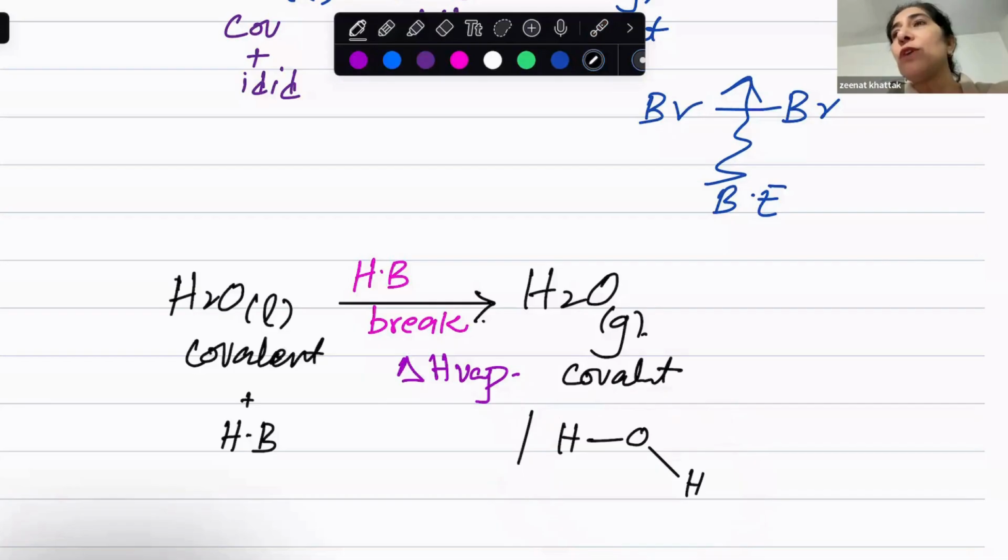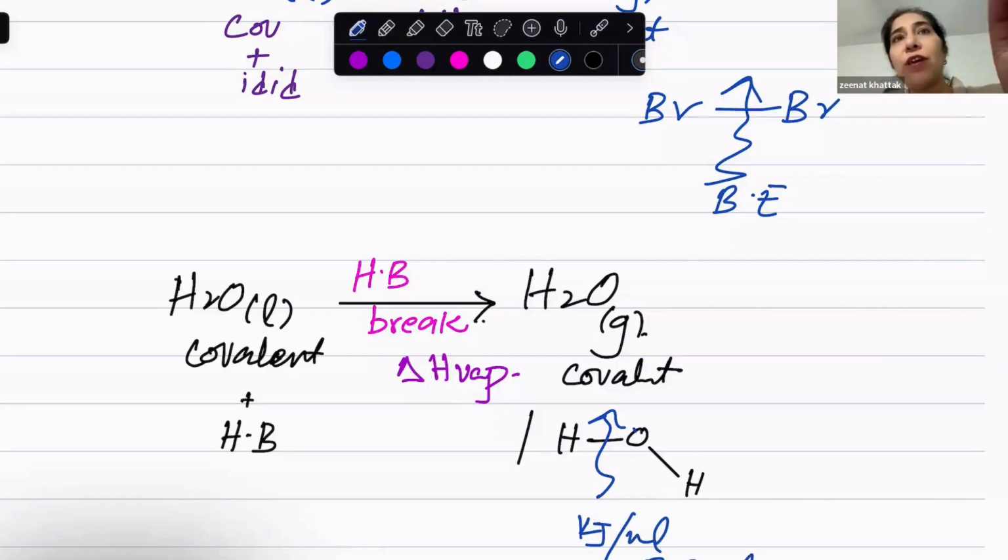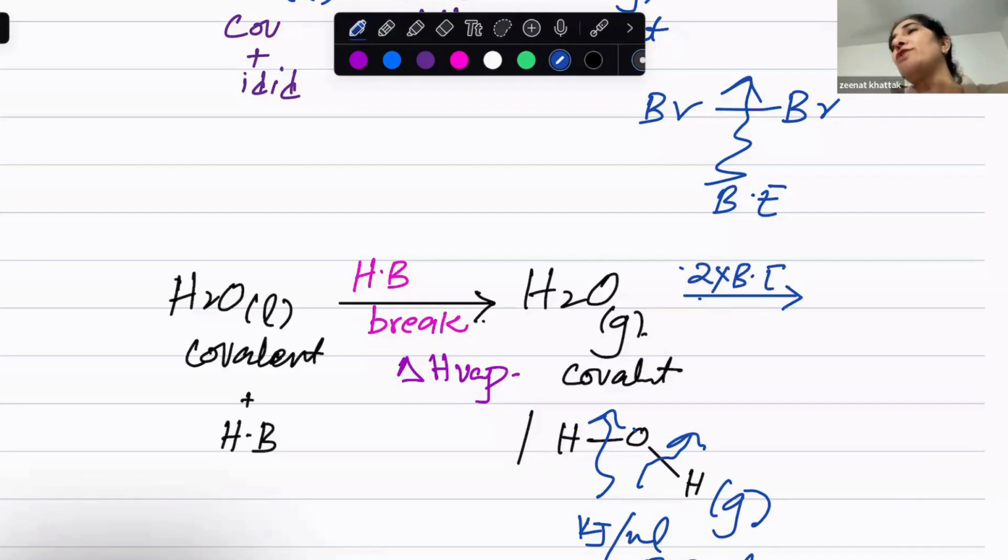Bond energy is in kilojoule per mole of bond: the amount of energy to break 1 mole of the bond in a gaseous substance. So actually 2 bond energies, 2 times bond energy, making 2 hydrogen atoms and an oxygen atom, right?